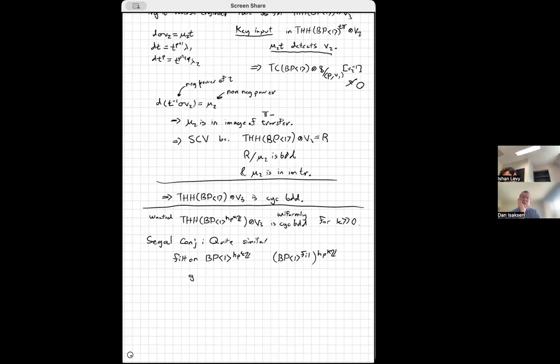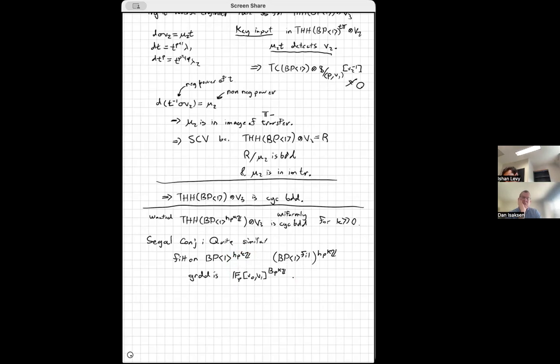And the associated graded is a fixed points of the polynomial ring. So you take FP adjoin V0 and V1. But in fact, on the associated graded of the Adams filtration, the Adams operations act trivially. And so you just get the fixed points by a trivial action, which is this BP to the KZ.